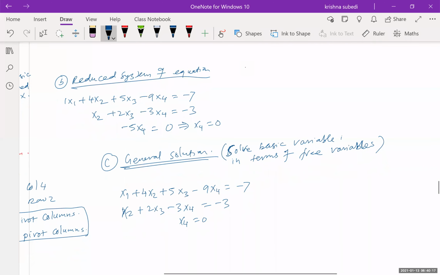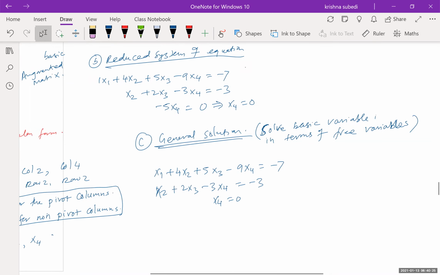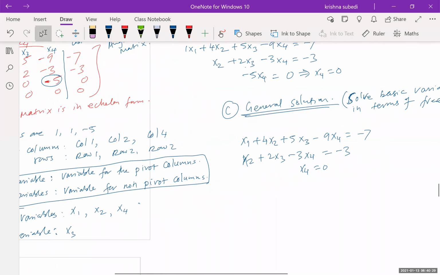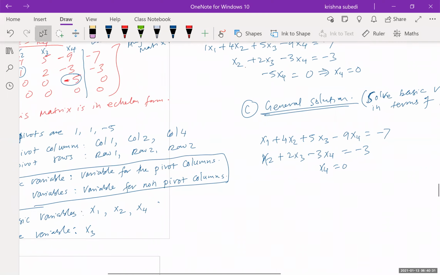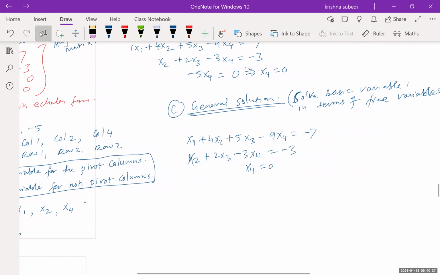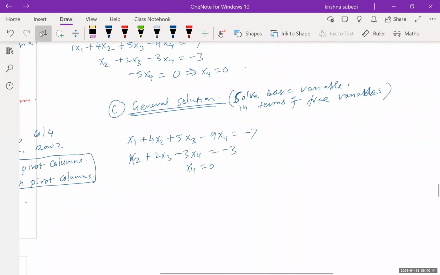So I just copy it as it is. Now my goal is to express the basic variables in terms of the free variable. First of all, I should know what my basic variables are. I notice that the basic variables are x1, x2, and x4, and the free variable is x3.